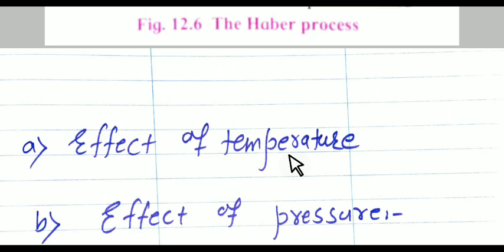At low temperature the rate of reaction is small and a larger time will be required to attain equilibrium. But at high temperature the reaction occurs very rapidly with appreciable decomposition of ammonia. Hence, an optimum temperature is maintained for the formation of ammonia, and that temperature is 773 Kelvin.